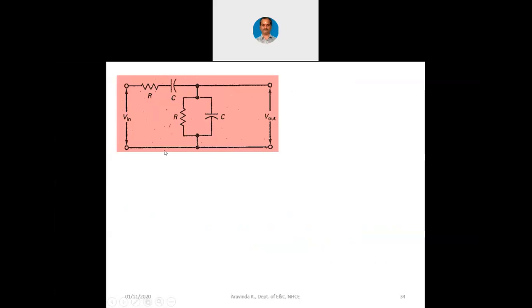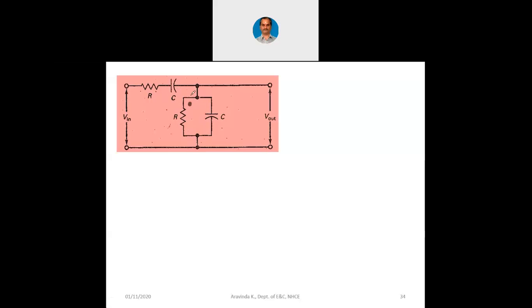Now this is that circuit where one CR and one RC together are there. You can see this R corresponds to this C and this C corresponds to this R. Now both are having the same value. C will have the same value, R will have the same value. Now when we combine lead and lag like this, let me annotate.